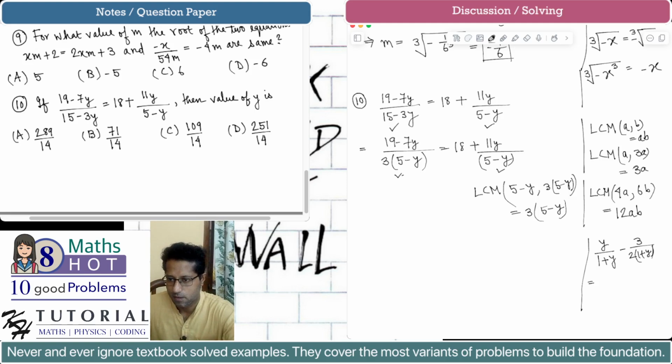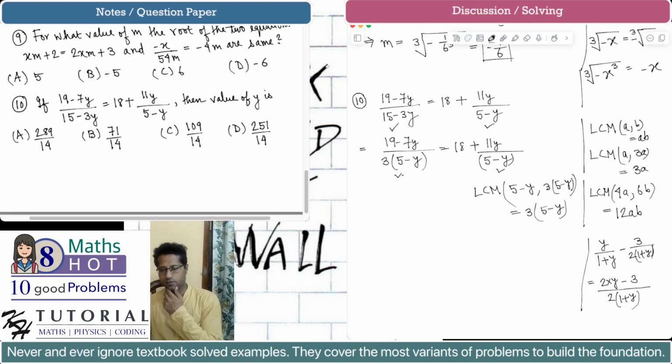So clearly the LCM of the denominators will be 2 into 1 plus y, and in the numerator it will be 2 multiplied by y minus 3. So this kind of addition and subtraction of rational terms, where the rational terms are having some variables, you must be very familiar. I hope you have already done this. You have already studied this in your previous classes.